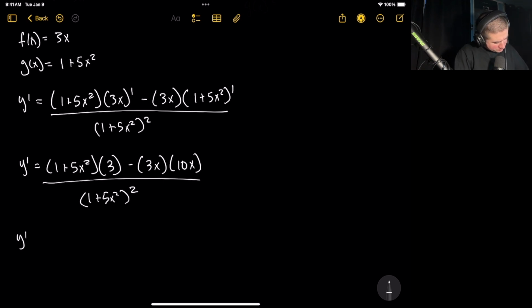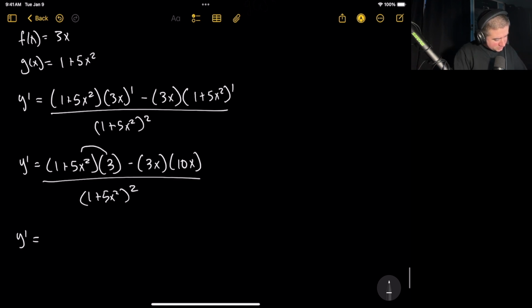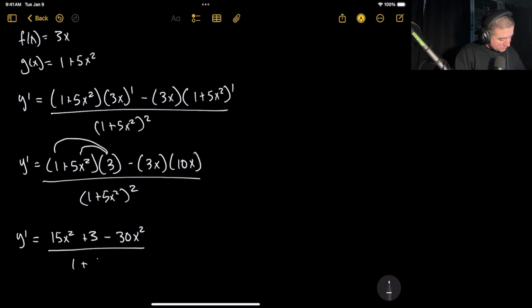All right, y prime is equal to, we'll distribute the 3 to the 2 terms over here. We're going to have 3 times 5x squared, which is 15x squared, and then 3 times 1, which is just going to be plus 3, minus 30x squared, when we multiply 3x and 10x, and we're going to put that over 1 plus 5x squared and then squared.